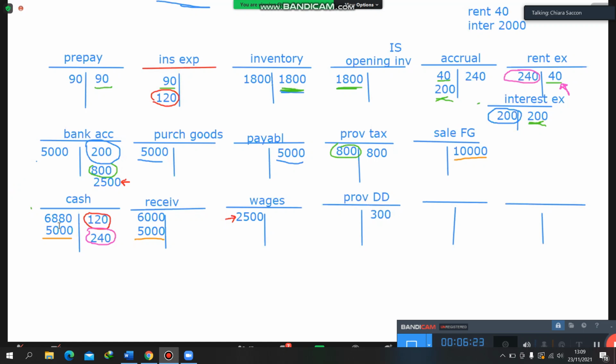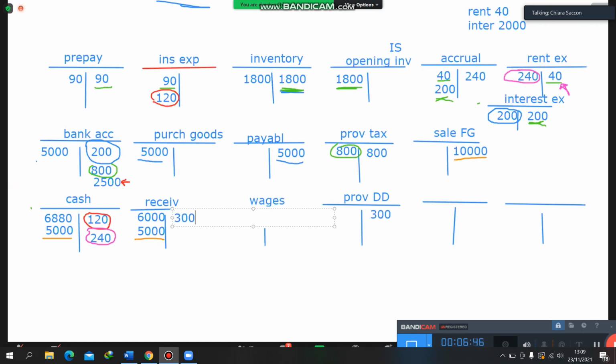Now I write this transaction. I know that I've lost a part of receivables because the customer has failed. So receivable not paid, and I have lost the credit for 300. So the amount of receivable will decrease by 300.